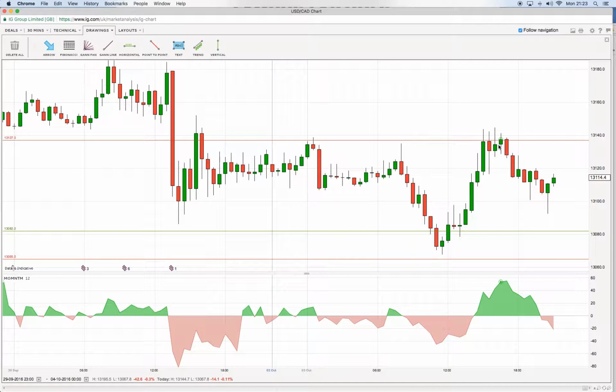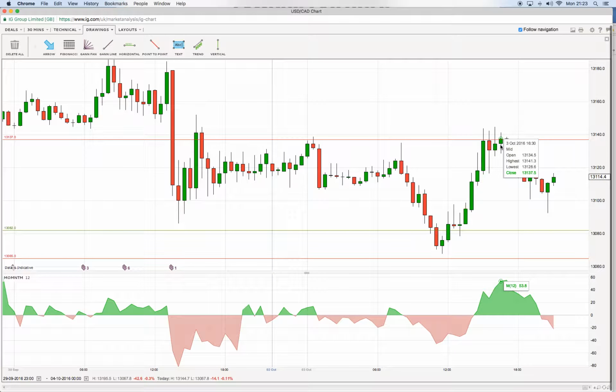Something happens here when we look at the momentum. The momentum has a reading of 54 almost, and here is the interesting part.